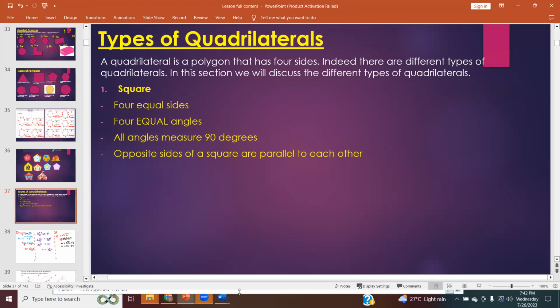So for a square, we know that all 4 sides are equal. We know that all angles are equal. So a square is, I should mention this, considered to be a regular quadrilateral.